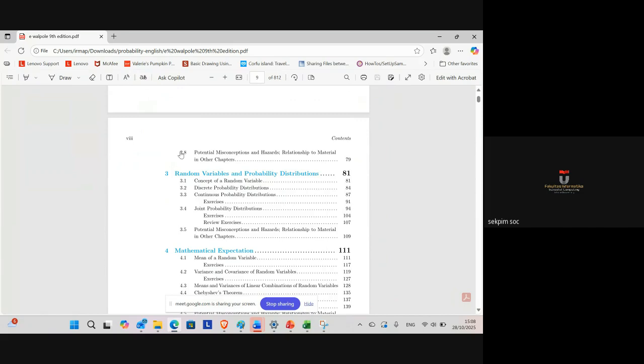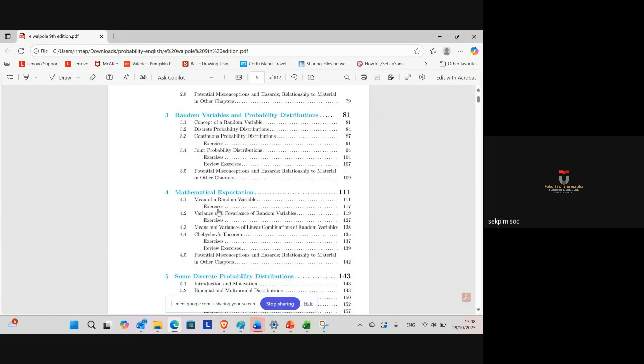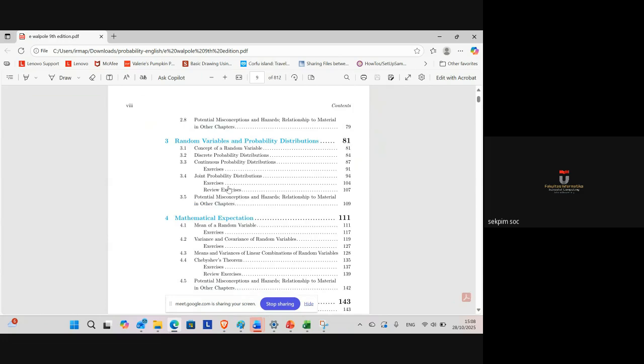In chapters 3 and 4 you will learn the random variable concept and probability functions. Chapter 4 is specific to the expectation operator, which tells you about the mean or average, and also variance and covariance if you have a joint probability function. You can also find joint probability in chapter 3.